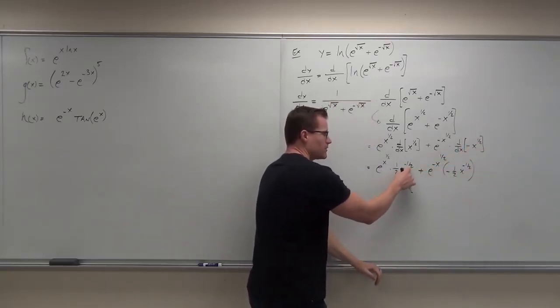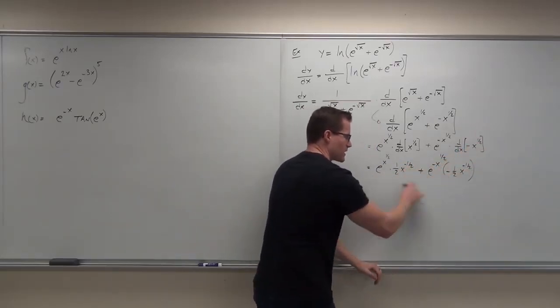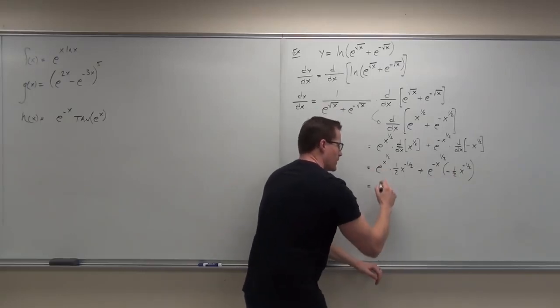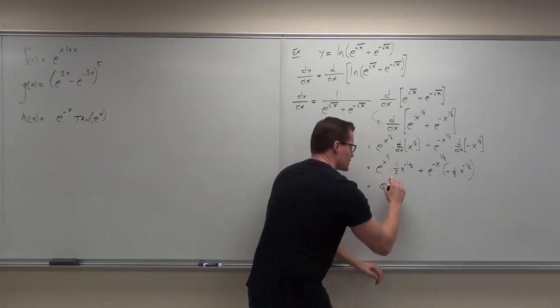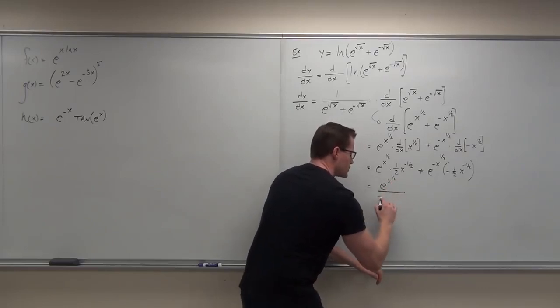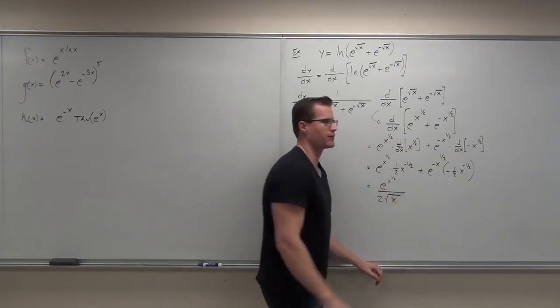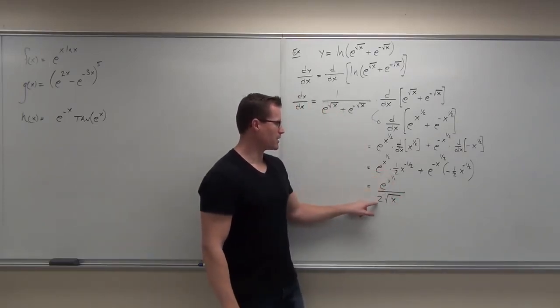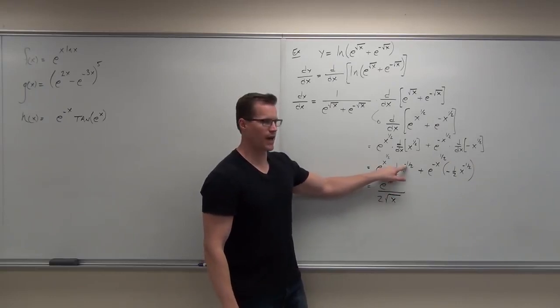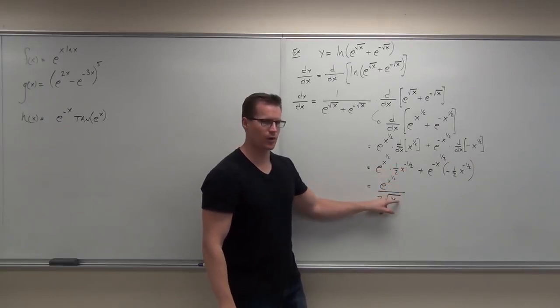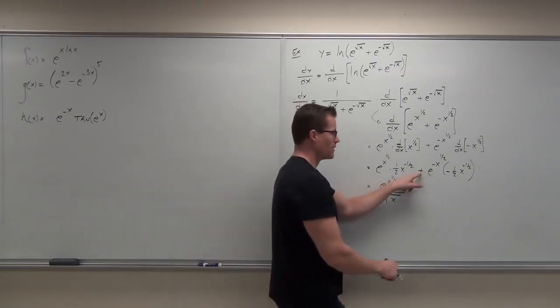Well, if you look, these are both negative exponents. We got a couple terms here, but we can write e to the x to the 1/2 over 2 square root x. Let's verify that for me. 2 is on the denominator. x to the negative 1/2 is on the denominator. The 1/2 becomes a square root. So far, so good? Okay.